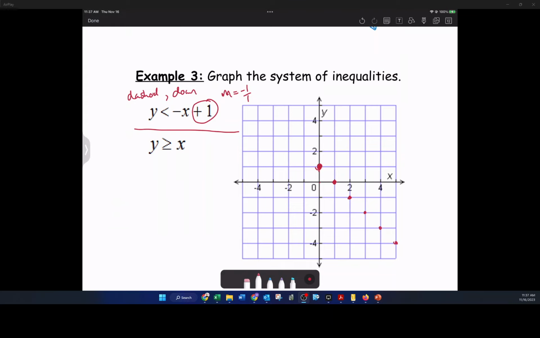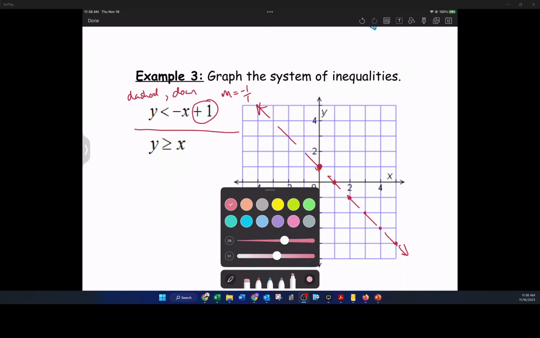We have a dashed line through here. So shading down.